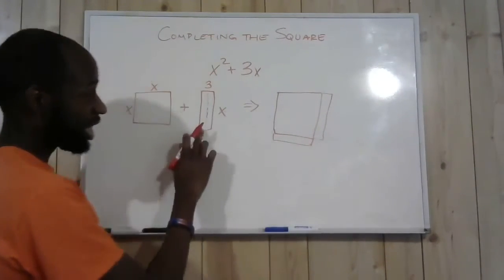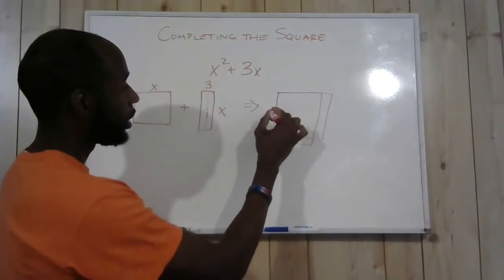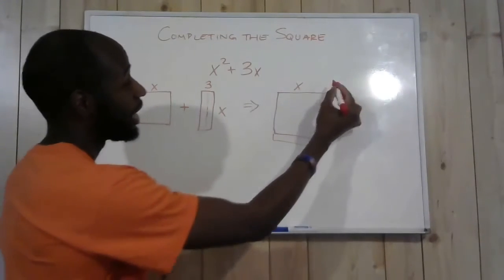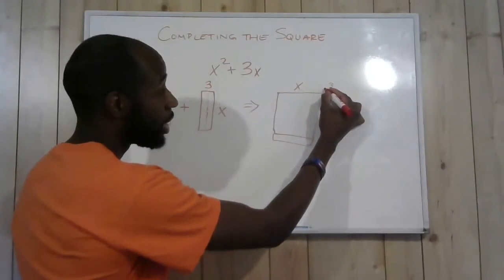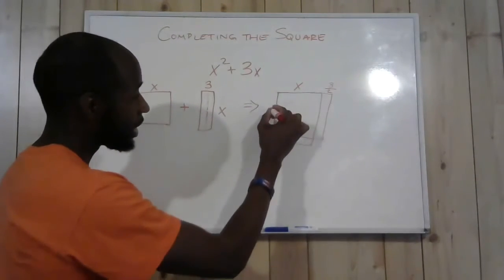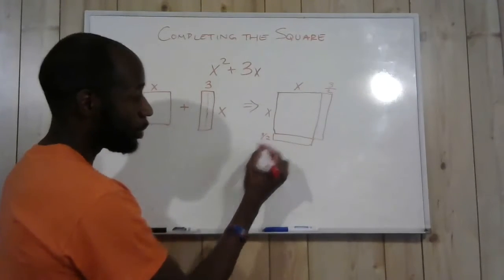That is just this split up. So you literally have, this is x. And since you cut this in half, this is 3 divided by 2. This is x. And this is 3 divided by 2.